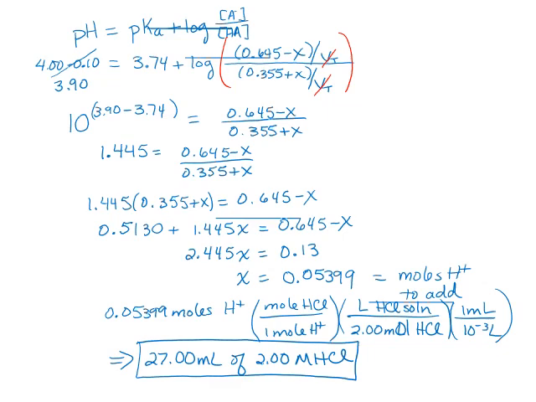Notice that we had a buffer with a relatively large buffer capacity and that it takes 27 milliliters of a 2 molar acid to decrease the pH by just 0.1 units.